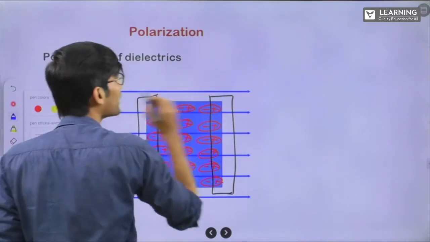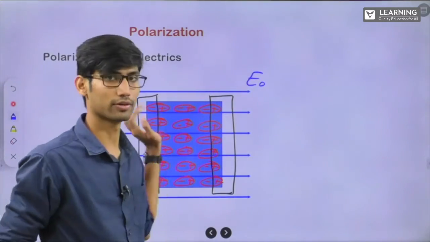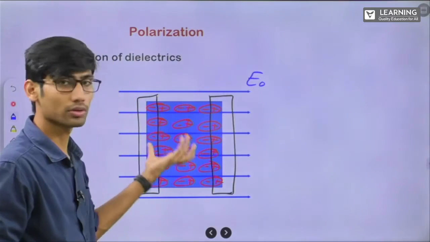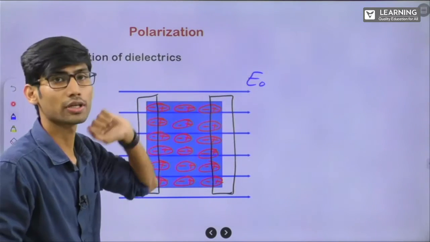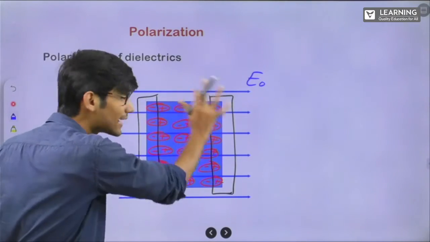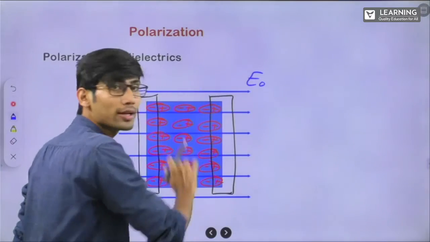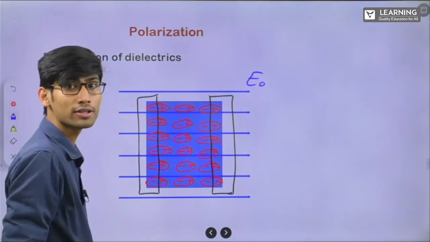Now there was an electric field. Let's say this original electric field is E naught, the initial electric field, when there was no dielectric present. Once we enter a dielectric in this field, this polarization will happen. Due to this polarization, this side will be positively charged, this side will be negatively charged.